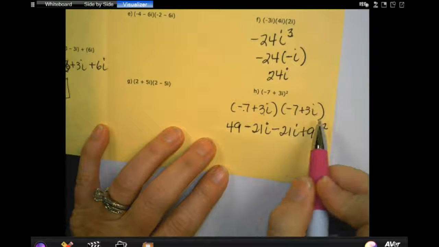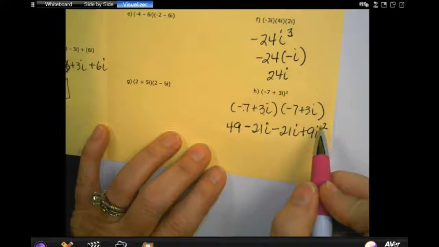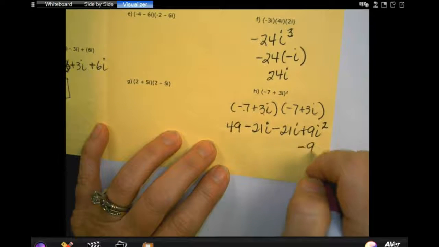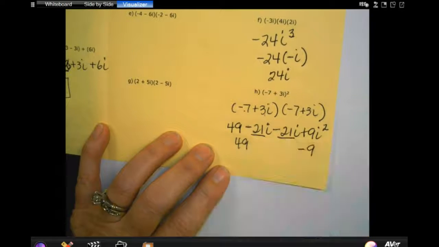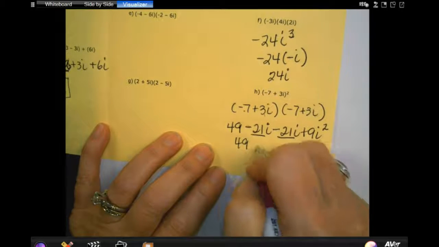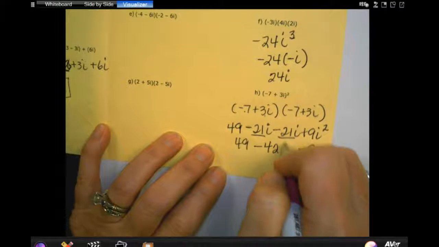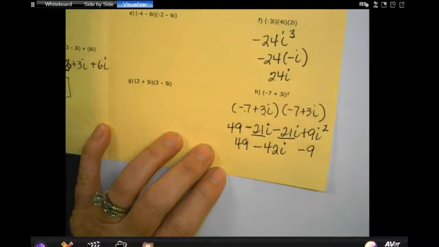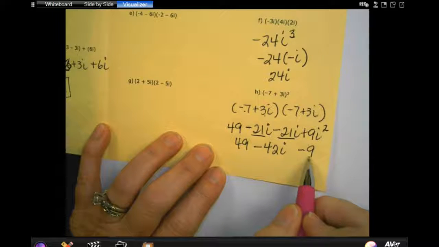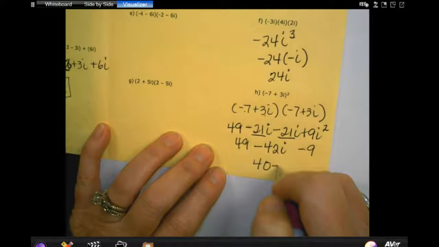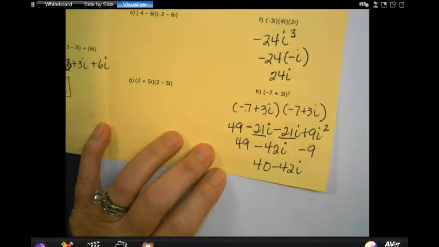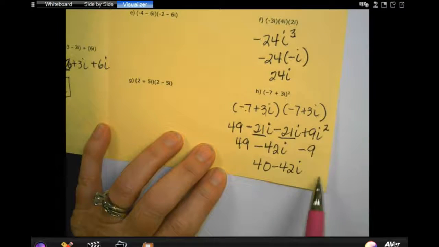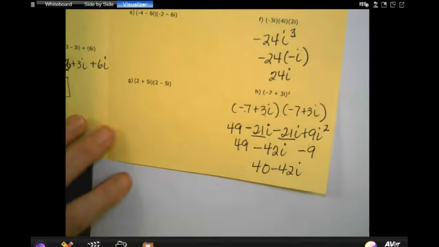But 9i squared, the i squared is negative 1, so this is negative 9. And then I have minus 21 minus 21, and that gives me negative 42i. And 49 minus 9 gives me 40 minus 42i. So again, can I combine the 40 and the 42? No, because this has an i, and you can't put together the real and the imaginary.